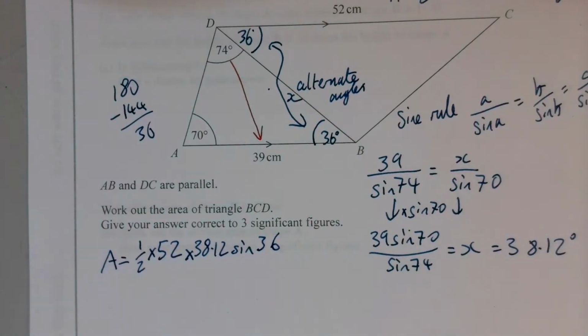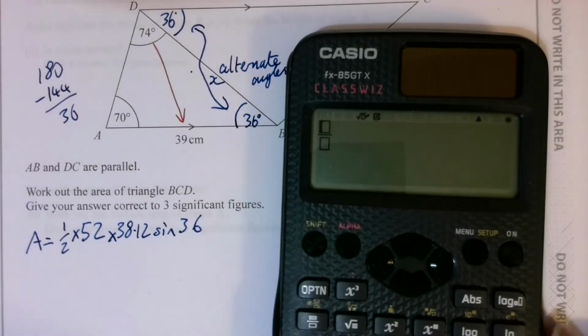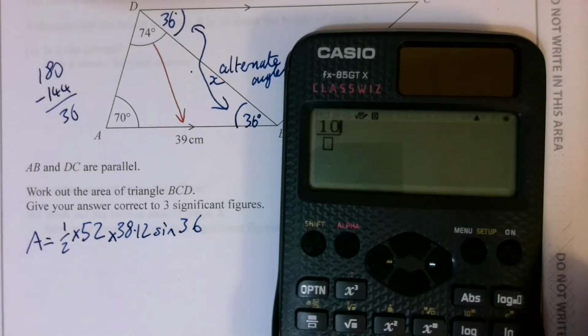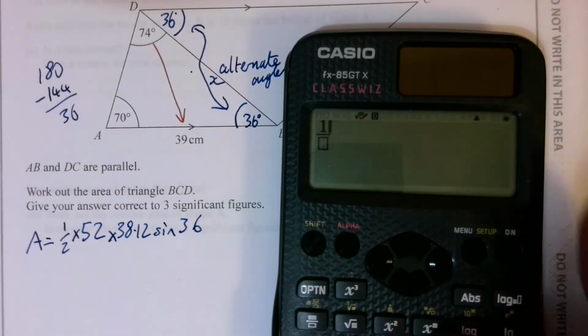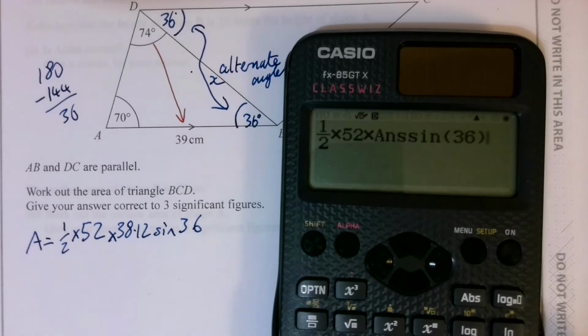I'm going to pop that in the calculator like this: 1 over 2 times 52 times answer, because that's my previous answer, sin 36, and then I don't need to worry about accuracy.